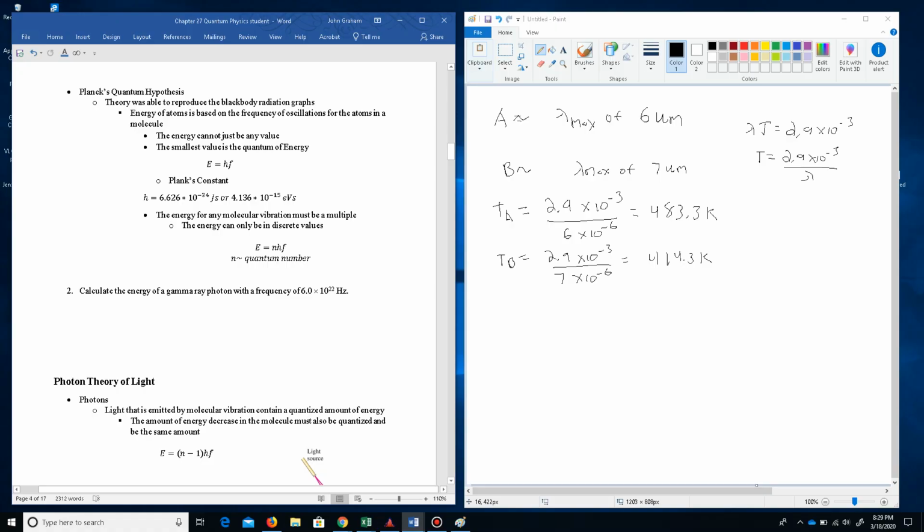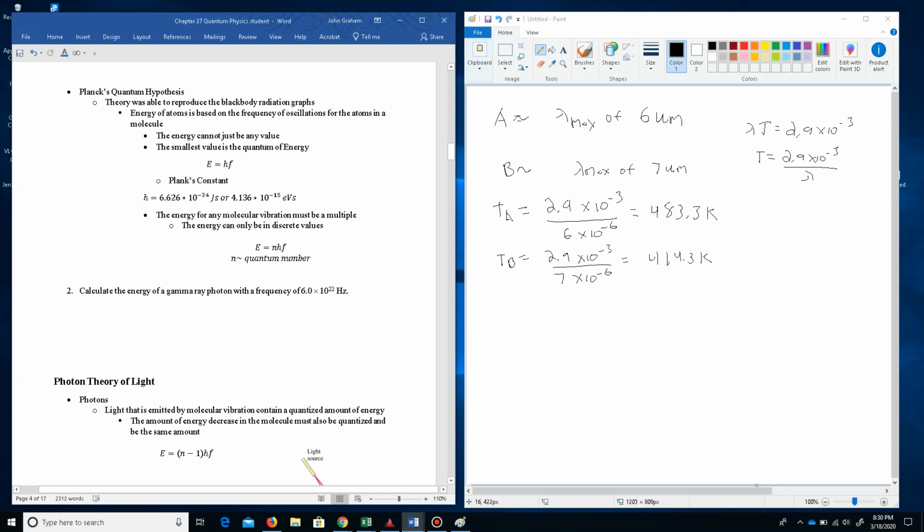And so n being the quantum number, n times that hf is going to give this energy in specific discrete values. Right, so for example, if we are going to calculate the energy of a gamma ray photon with 6 times 10 to the 22 hertz.